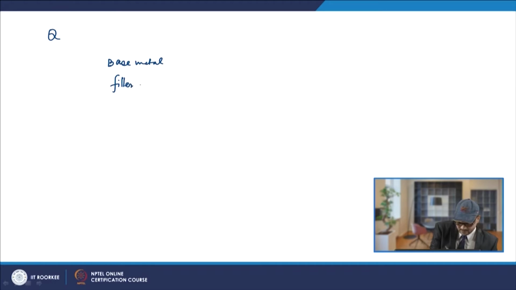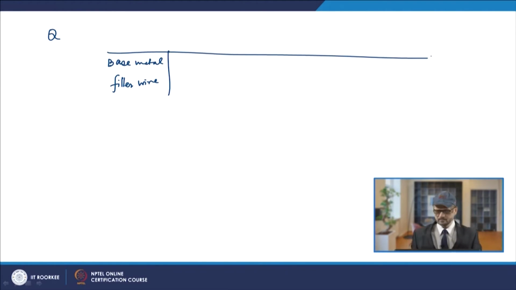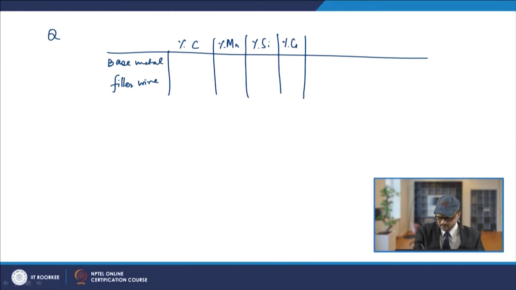For both, the composition is provided in terms of percentage carbon, manganese, silicon, chromium, nickel, and nitrogen.